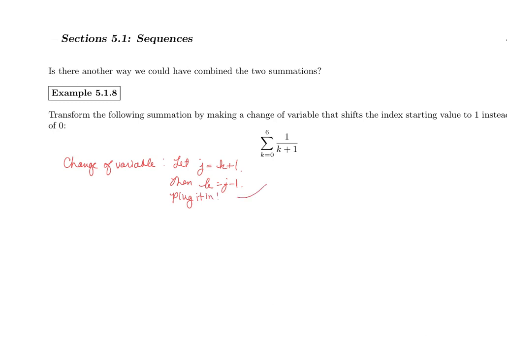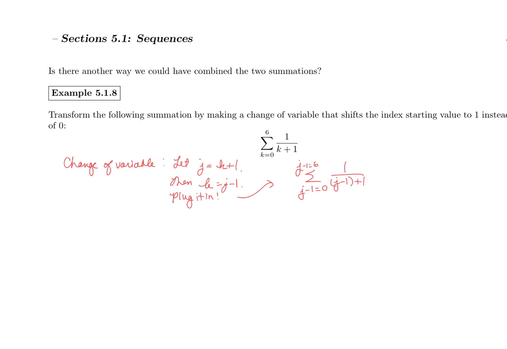So what that gives us then is a sum from k, which is now j minus 1 equals 0, to k equals 6, which is now j minus 1 equals 6, of 1 over k, which is now j minus 1 plus 1.